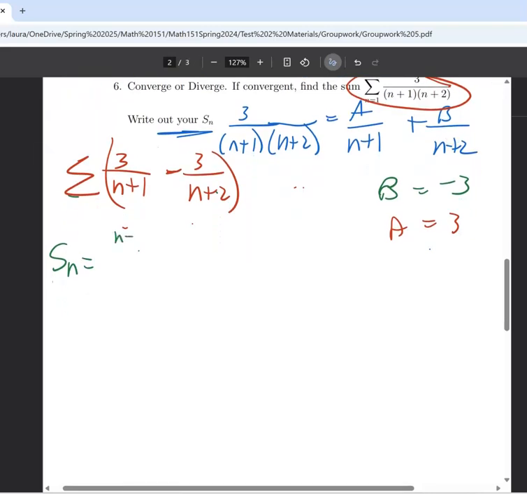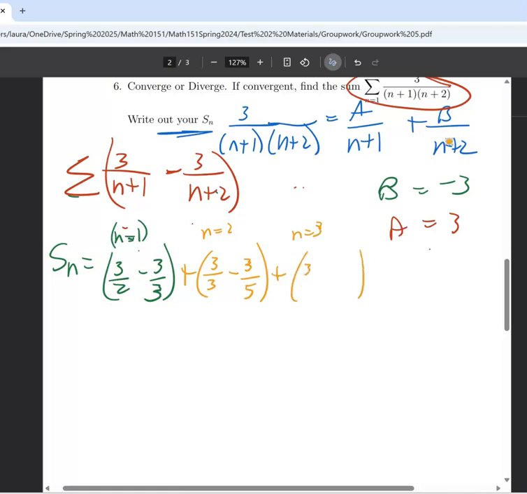So that means I'm going to start by plugging in n equal 1. So if I plug in n equal 1, I get 3 over 2 minus 3 over 3. Okay, then I'm going to plug in n equal 2. That's the next one. So 3 over 3 minus 3 over 4, plus, and I'm going to plug in n equal 3, 3 over 4, minus 3 over 5.